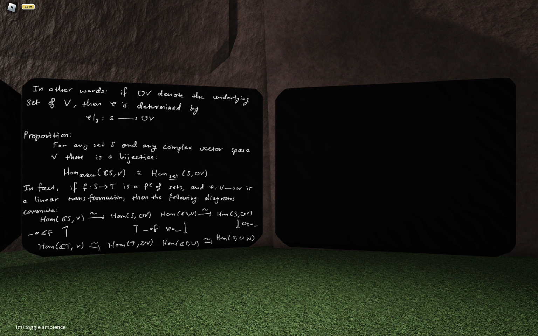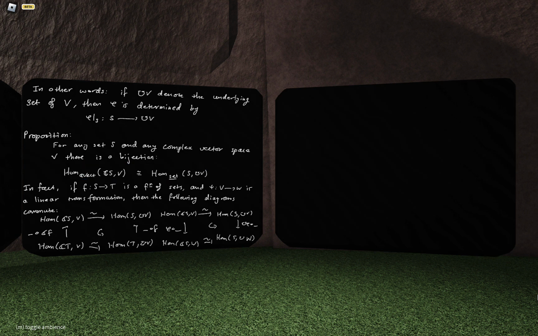And this is the bijection from above and the bijection from above. Okay, so we get commutativity of these two diagrams, and it's an easy exercise to convince yourself of that. And what that is to say is that we have naturality of the above bijection in both of the arguments. So it's natural in both S and V.